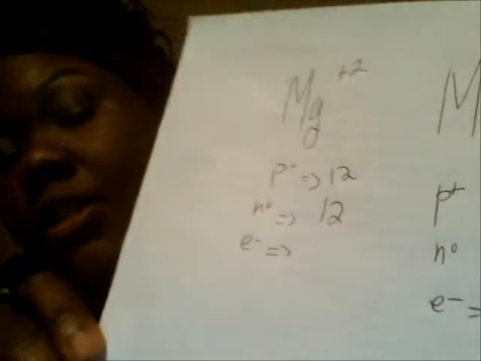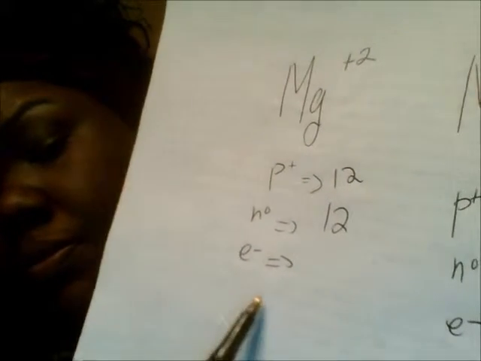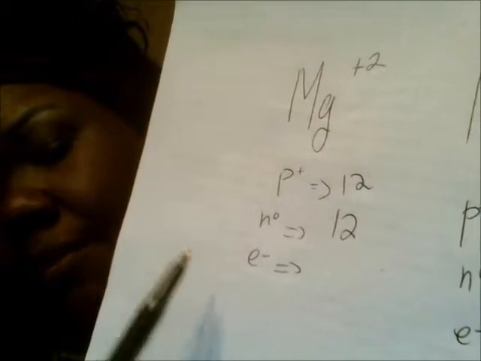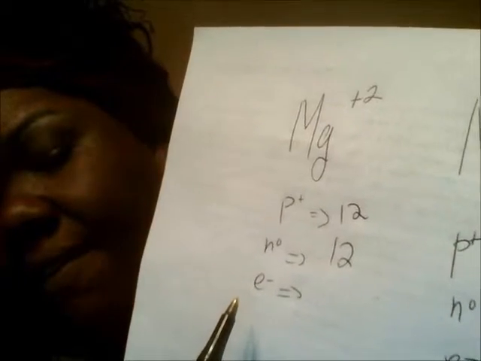Here's the tough part. We got to find electrons. Now, electrons are negative, protons are positive. Somehow, I have to be left with 2 more positives than negatives. So how many electrons can I have? See this little charge?